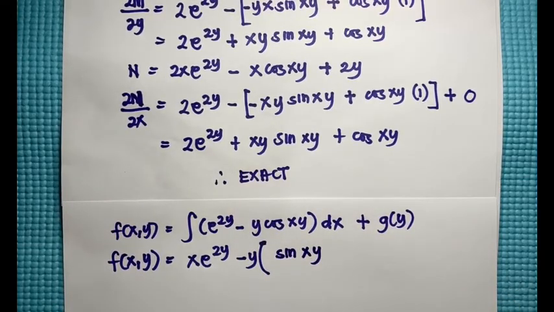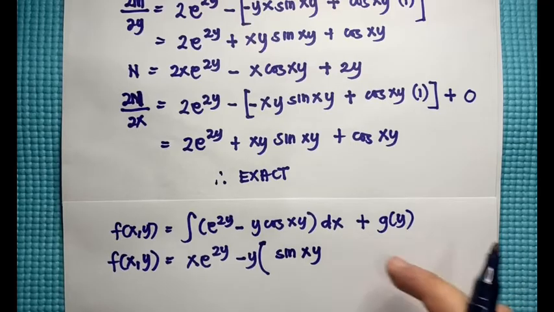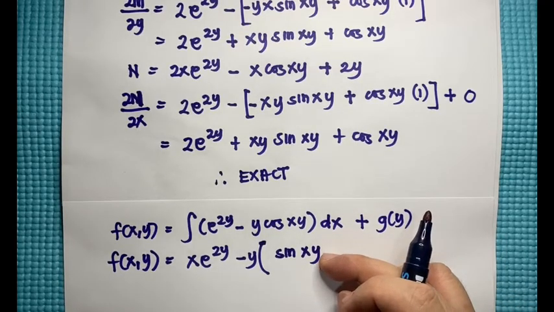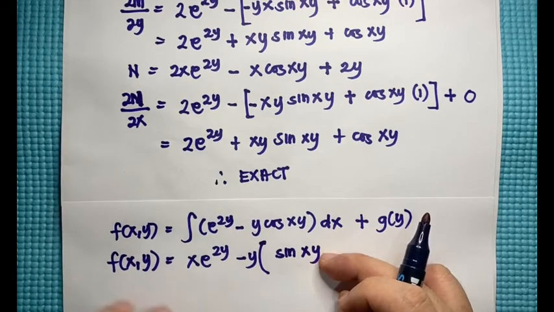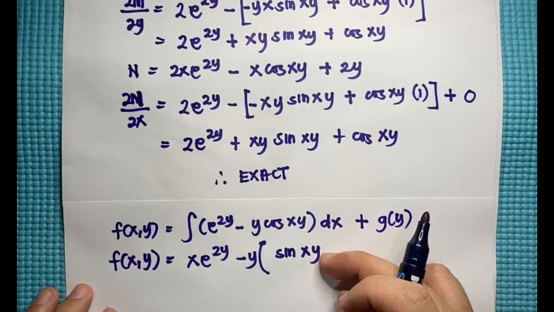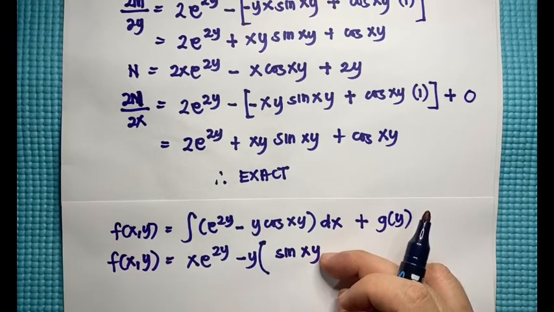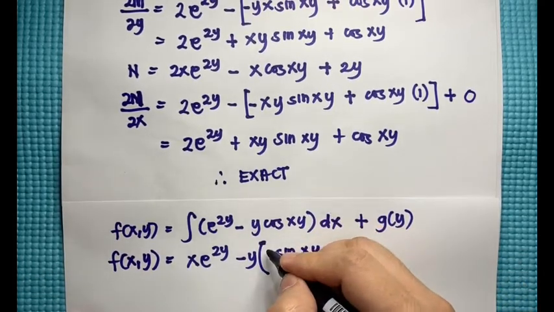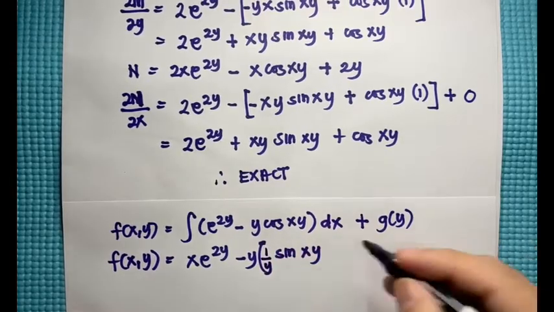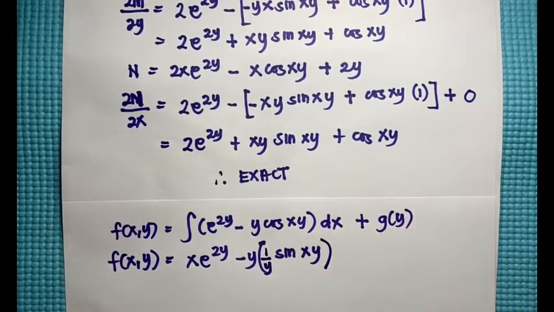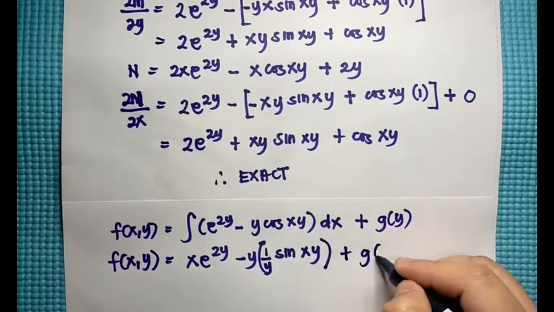However, the derivative of xy with respect to x would be y, and we have y, so we need to determine the neutralizing factor, and that would be 1 over y, and then plus g of y.